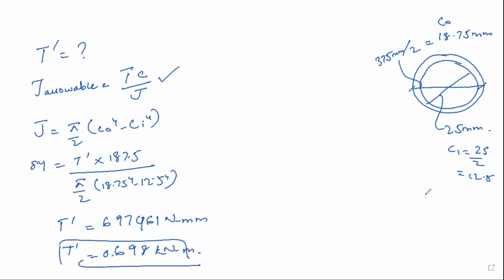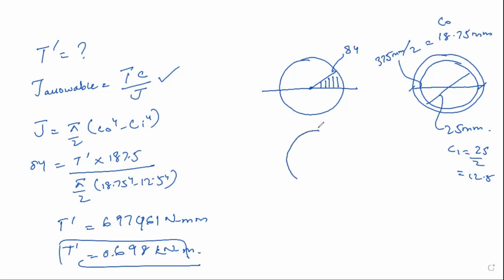Then sketch it as they ask. To sketch it, we have a solid circular shaft. In this one, our allowable tau is 84 megapascal.